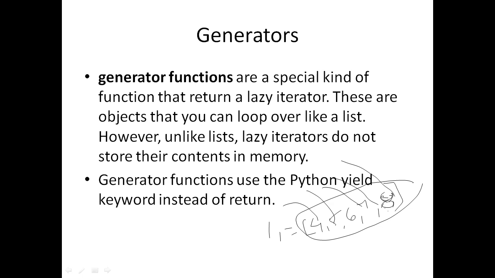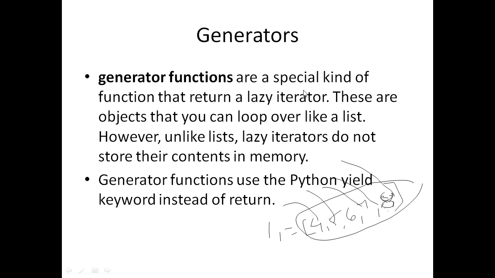So it is one type of iterator. We call it a lazy iterator. Keep in mind that generator is a lazy iterator. So we will go with an example on generator. And one more thing is, generators work with the help of the keyword called yield.